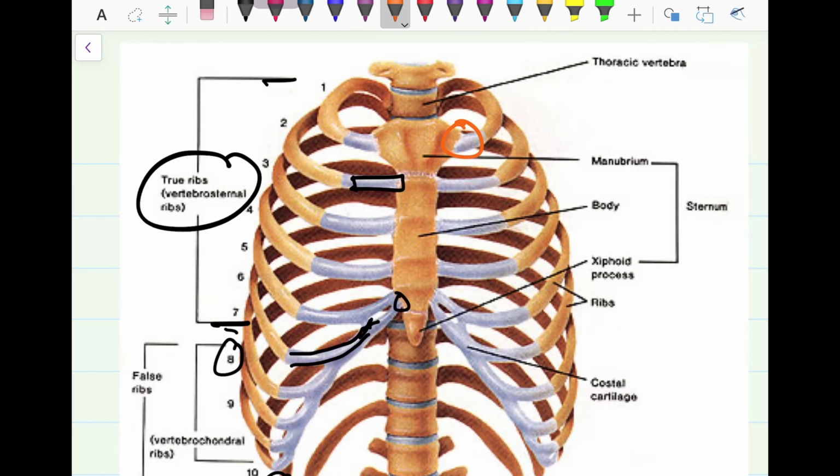Then T7, inferior angle of the scapula. Then T12 is the midpoint of the line from the inferior angle of the scapula to the iliac crest.